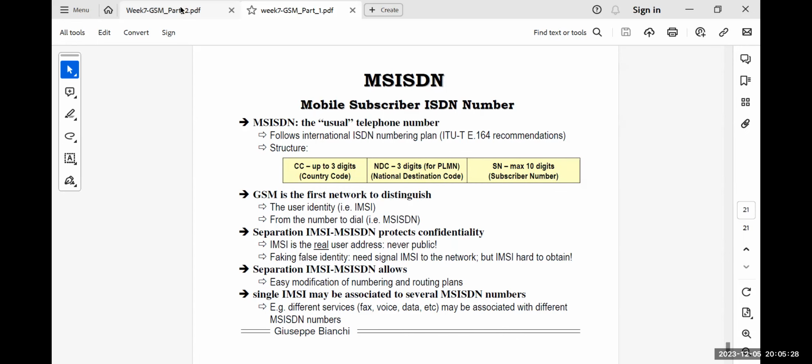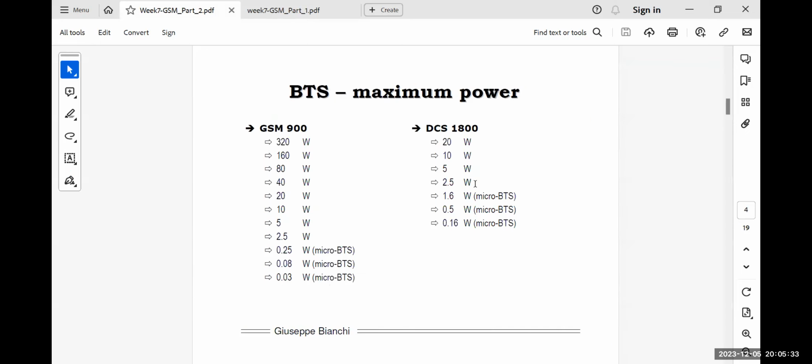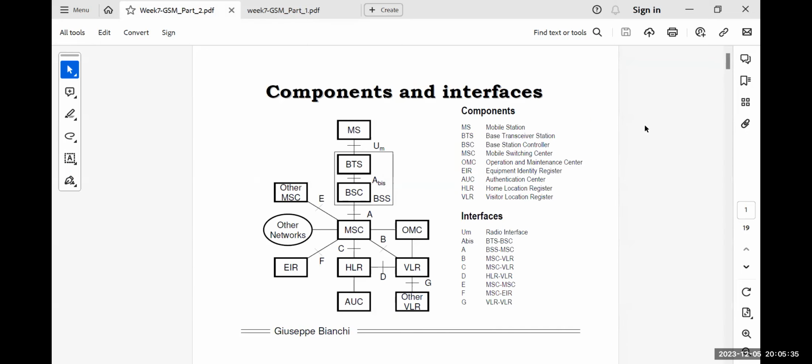Okay, so the next thing is the components and interfaces of the GSM network. Very important. First of all, you have a mobile station, and then you are connected to a certain BTS.